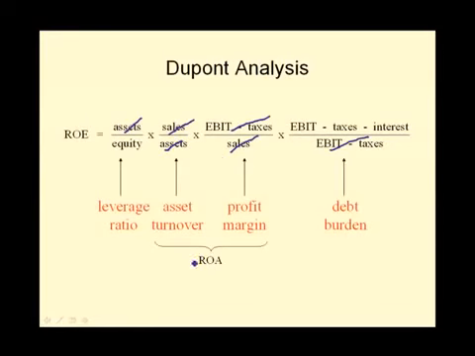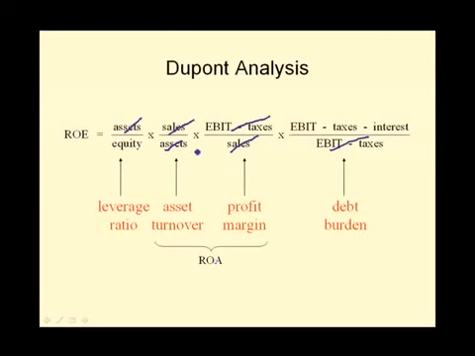Let's also note that two component ratios of the DuPont analysis themselves comprise return on assets. That is, asset turnover times profit margin maps out return on assets.